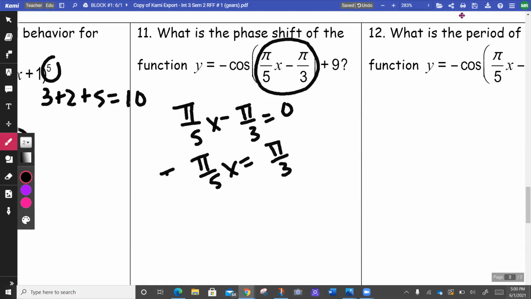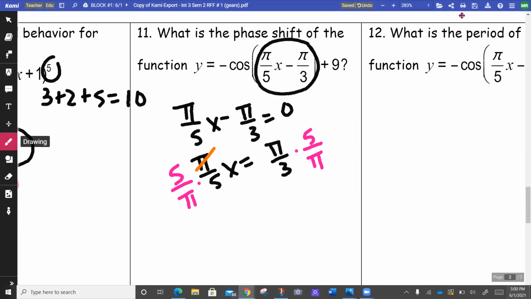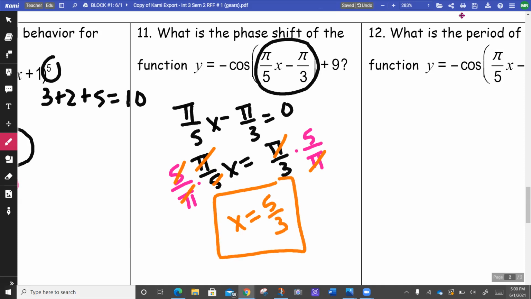I'm going to multiply by the reciprocal, 5 over pi, on both sides. That's going to cancel, I get x. That's going to cancel, I get 5 thirds. That's my phase shift. I'm starting at 5 thirds.